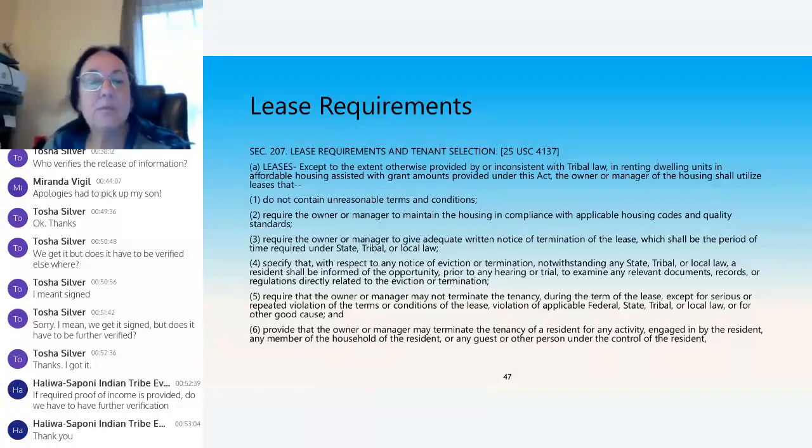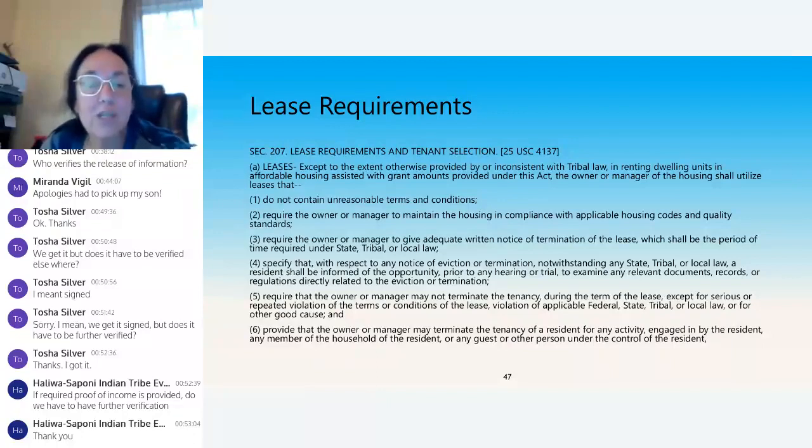Specify that with respect to any notice of eviction or termination, notwithstanding any state, tribal, or local law, a resident shall be informed of the opportunity, prior to hearing or trial, to examine any relevant documents, records, regulations directly related to the eviction or the termination.